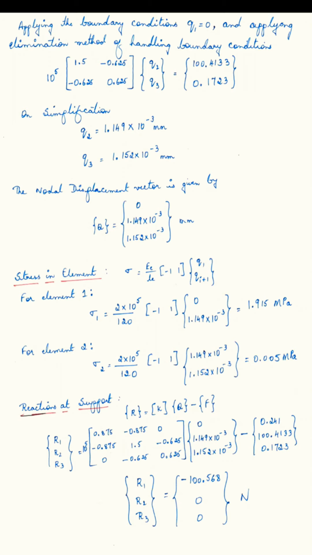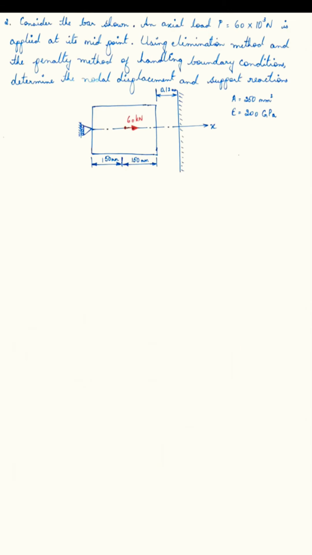In the next problem, we'll take up the bars with one of the nodes having freedom of movement, or one of the nodes having a certain displacement possible. So taking the next problem, consider the bar as shown. An axial load P, which is equal to 60 kilonewton, is applied at the midpoint.